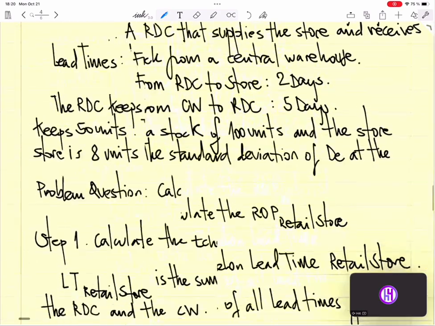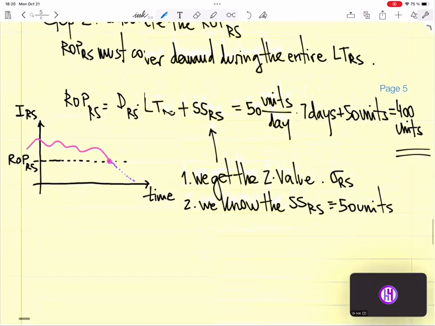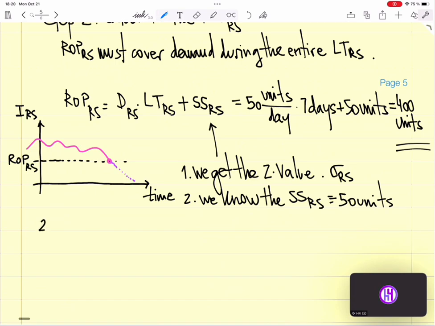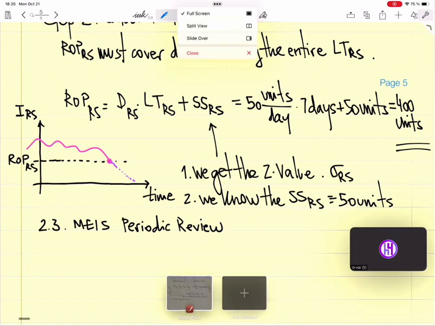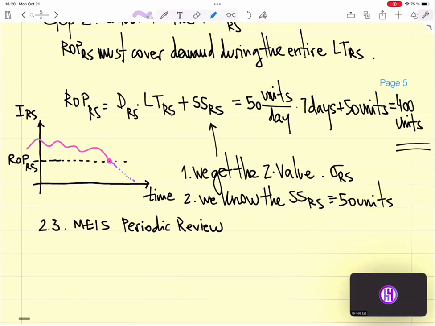And then I'm going to name this 2.3, which is a multi-echelon inventory system with periodic review.